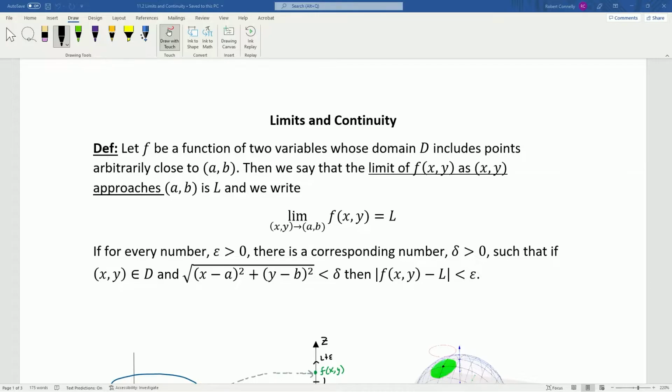So let's start with the definition. Let f be a function of two variables whose domain D includes points arbitrarily close to (a, b).